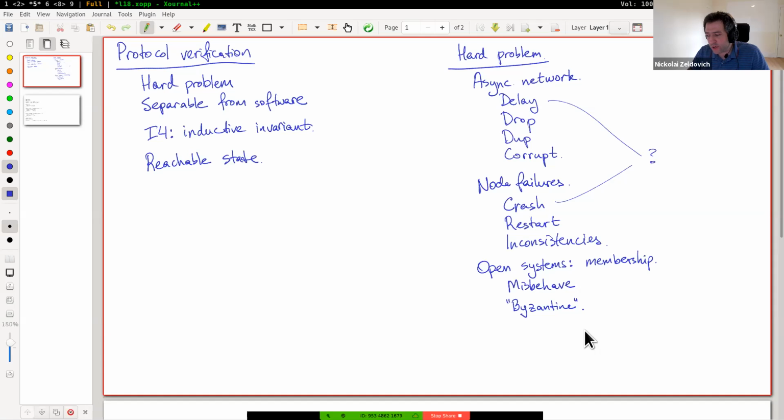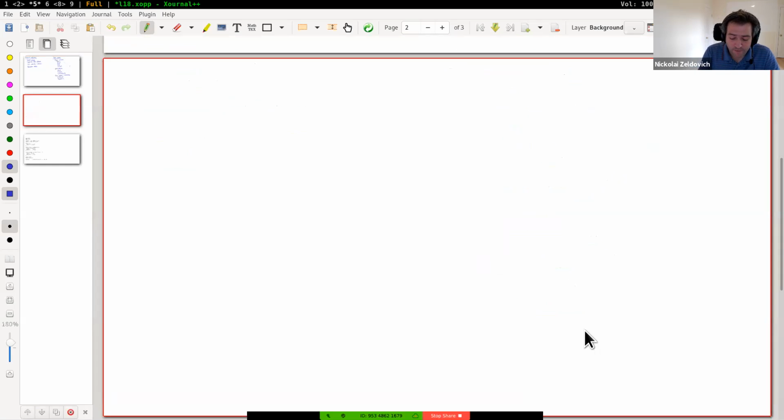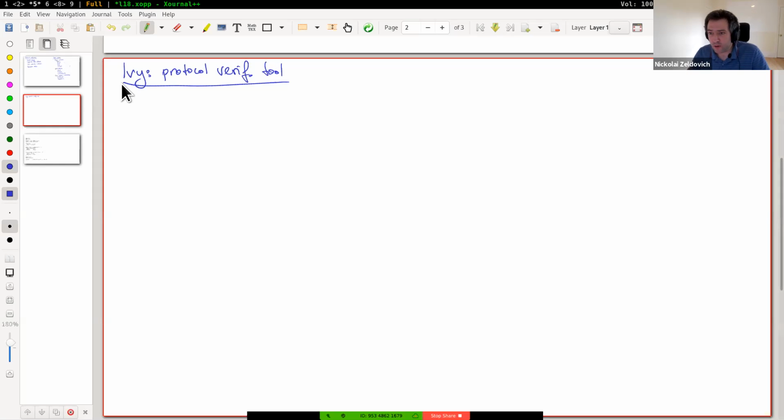So I want to start by describing what is going on in Ivy and what's the clever thing they're doing. I want to start by describing this Ivy system, just to give you a flavor of where we are. Ivy is a protocol verification tool developed by Ken McMillan and Oded Padon fairly recently.